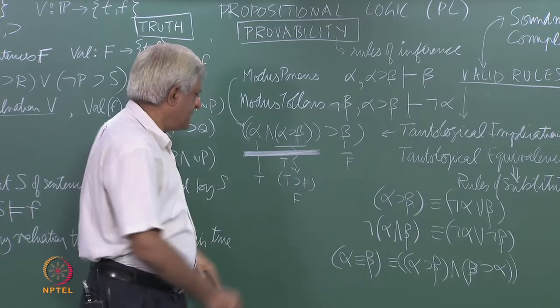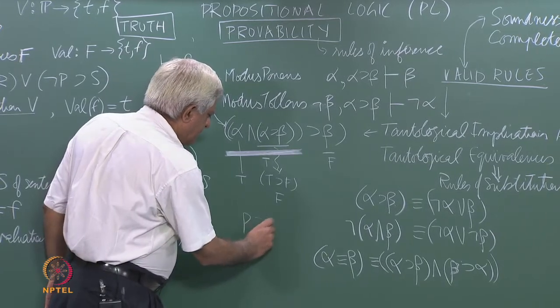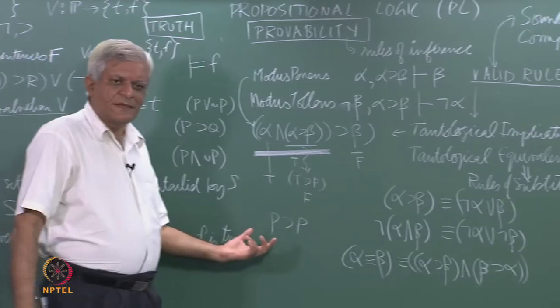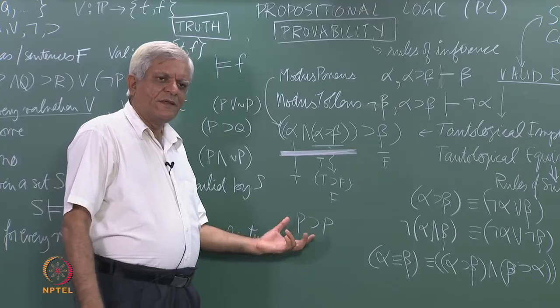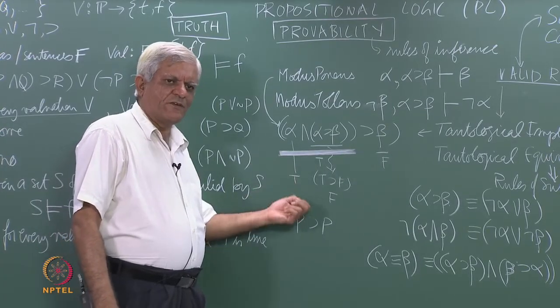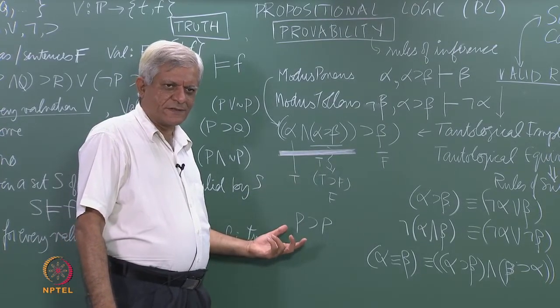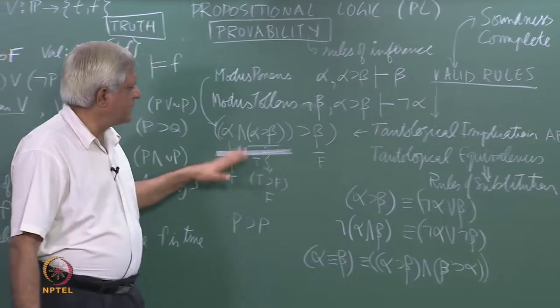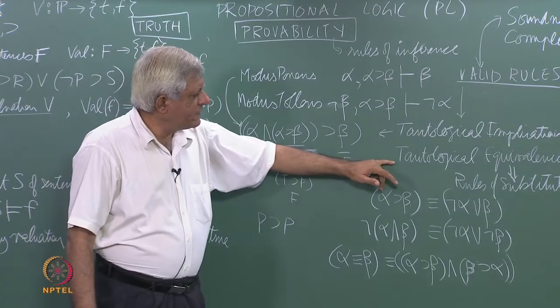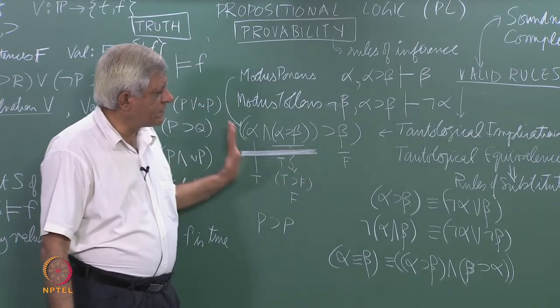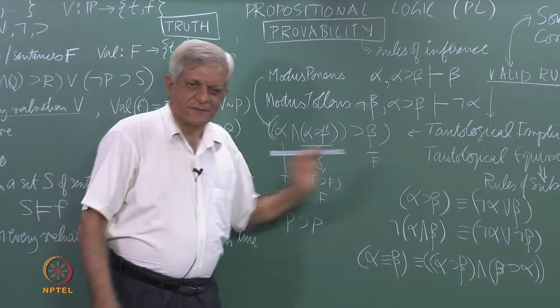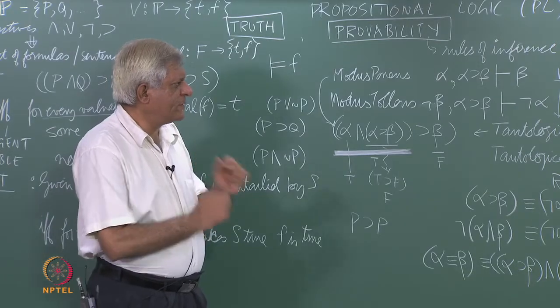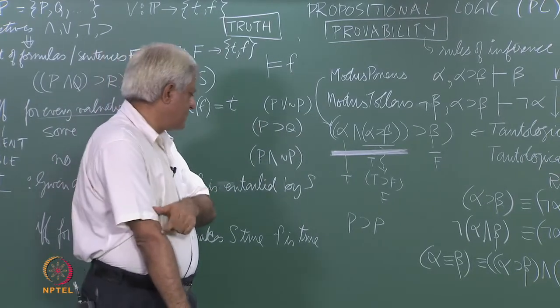So, for example, P implies P is a tautological implication which is trivially true, you can have a trivial rule for this which says that if you have P you can add P to the right hand side, but of course, that is trivial. For any tautological implication you can add a rule of inference, for any tautological equivalence you can have a rule of substitution essentially.